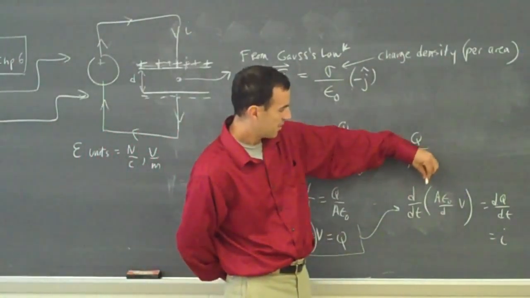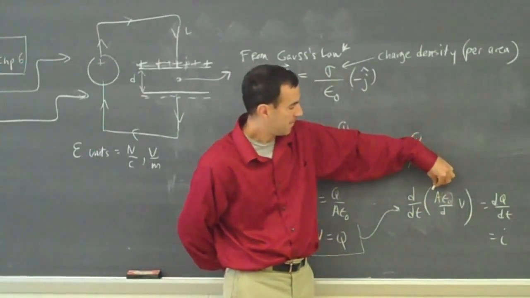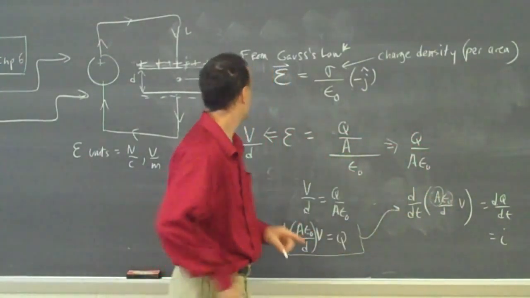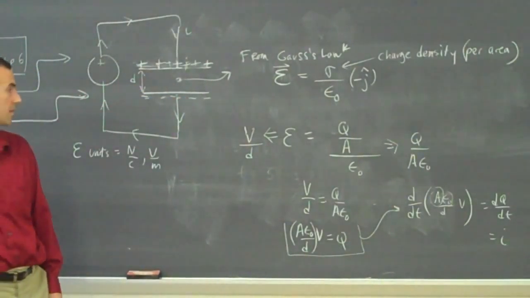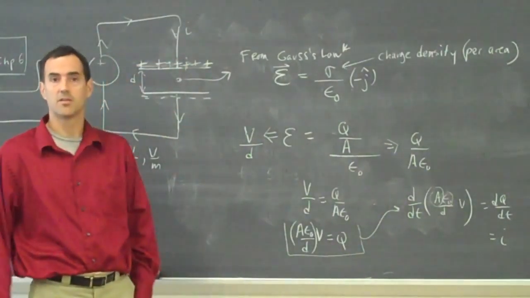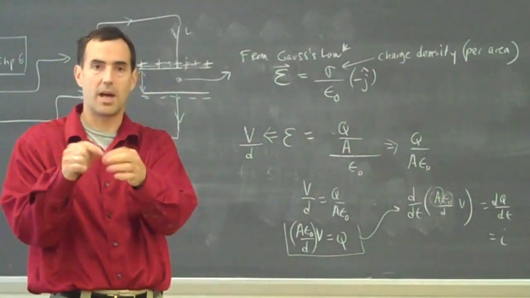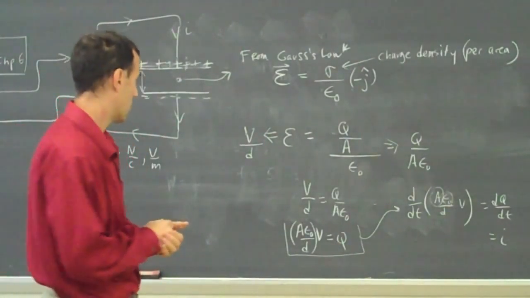Now I can see which of these are constants. The epsilon 0 is a constant. The area of these plates is also a constant. D is the distance between the plates, so unless you're actually going inside this little capacitor and changing that distance, it's going to be a constant as well.